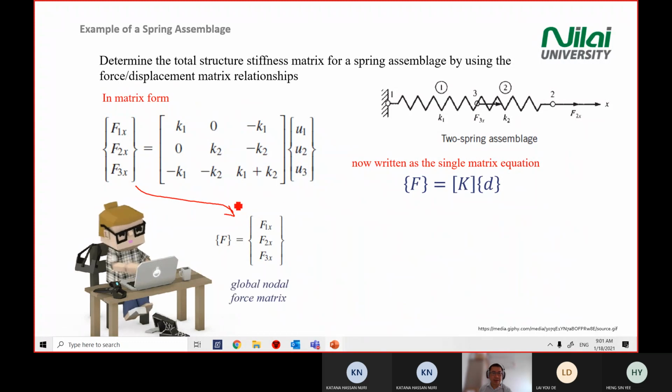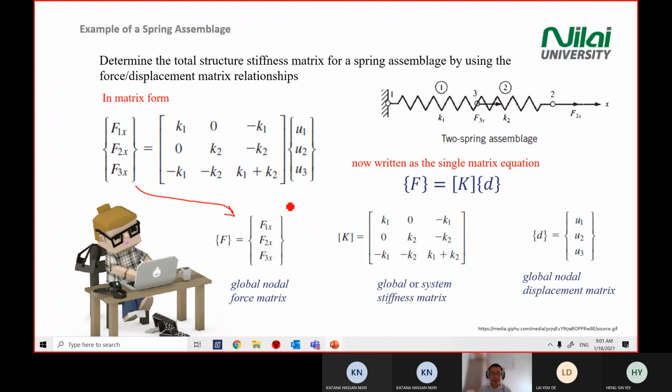The second one is the displacement D, and then the K matrix here. If you see capital F, it means global. Capital K means global. If you see a small f, it means local, always local. This is how you develop the matrix formula from a system.